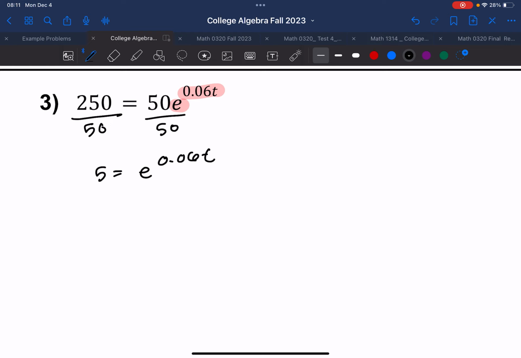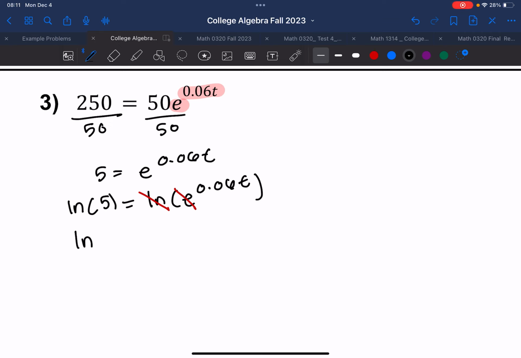Once I have that e by itself, just like I did in the first 2 problems, then I can take the natural log of both sides. So the natural log of 5 is equal to the natural log of e to the 0.06t. Remember, all that does is cancel out the e, and everything else gets brought down.